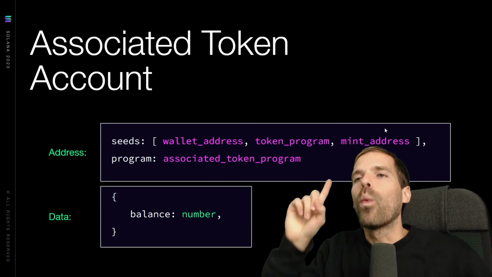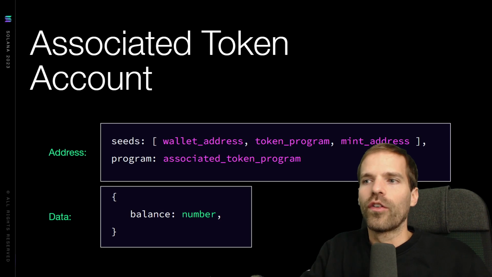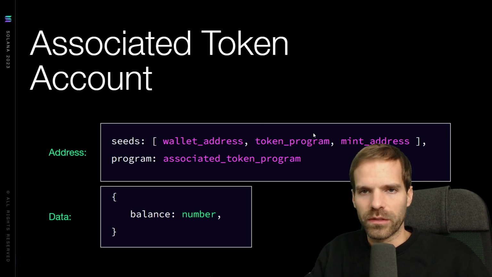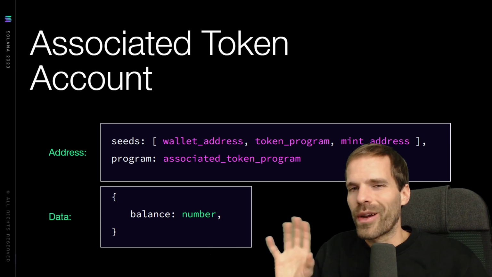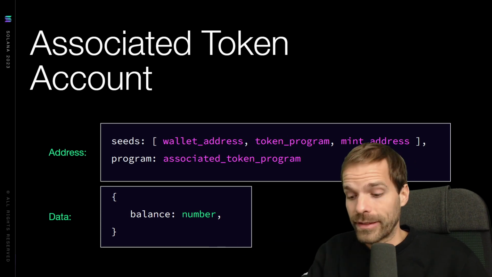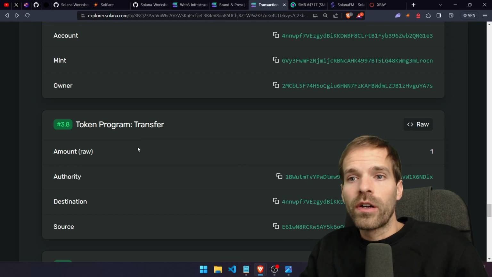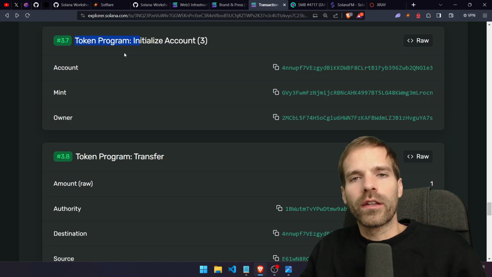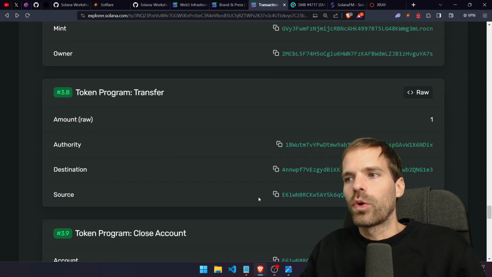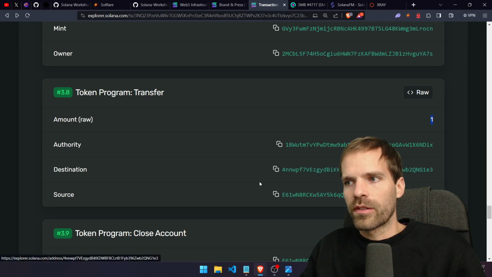So we just have one associated token account for each wallet and mint and token program. That just makes it easier to work with, because in the early days when they were at random addresses, it was just a mess. Anyway, so what we saw here, a program calling the token program to initialize such an ATA and then transfer a token into this ATA, so one token into this destination.